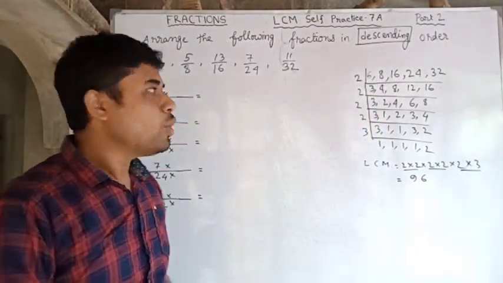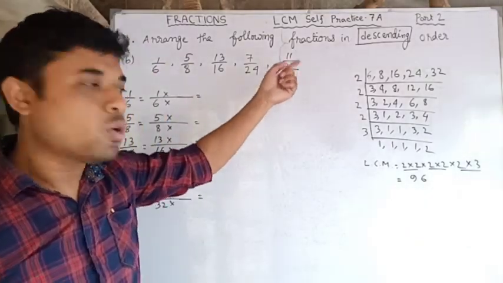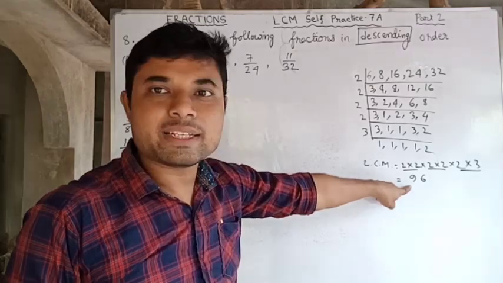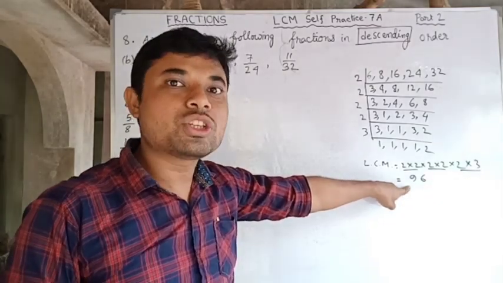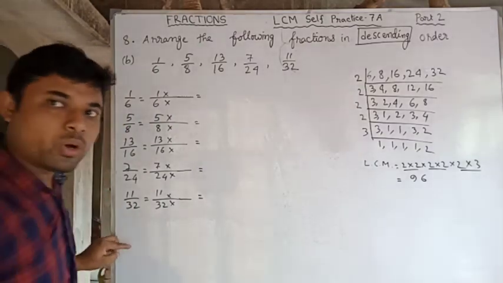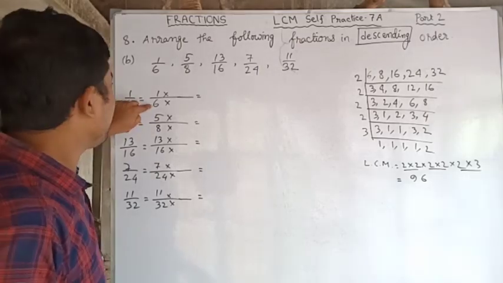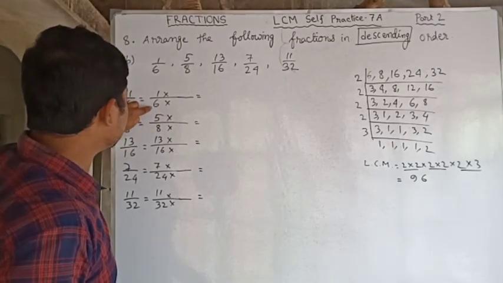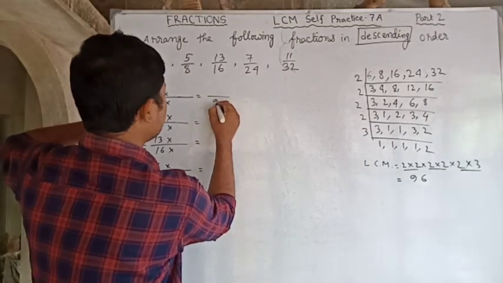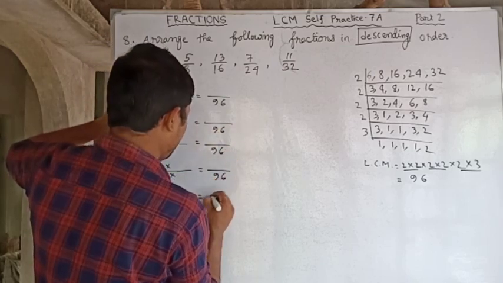So what we will do, we will find the equivalent fractions of these given fractions whose denominator will be 96. Is it clear? My dear student, first write it this way. 1 by 6. Now by which number do you multiply 6 to get 96? All the denominators will be 96.